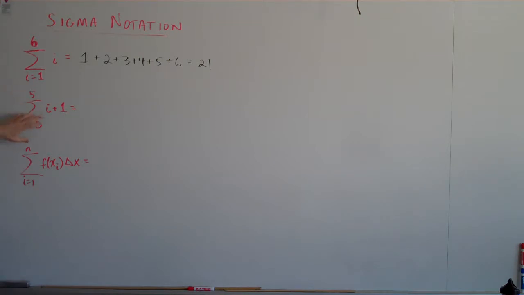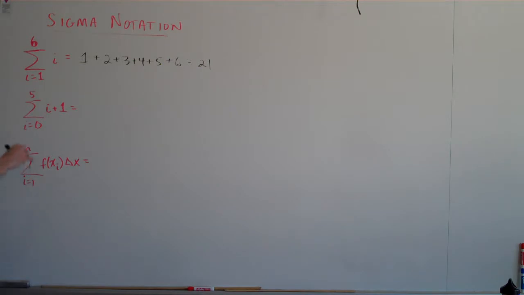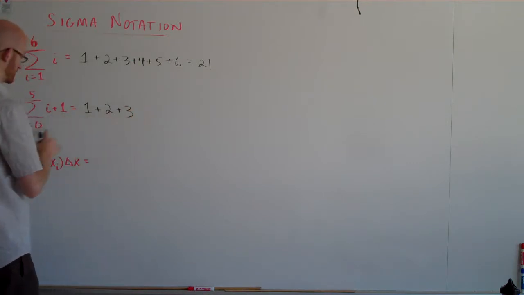This next one is starting at 0 instead of starting at 1. Pretty typically they're going to start at 1, but I just wanted to expose you to different start and stop points. So if it goes from 0 to 5, we're going to plug 0 in first. 0 plus 1 is 1. Then 1 plus 1 is 2. Then 2 plus 1 is 3.